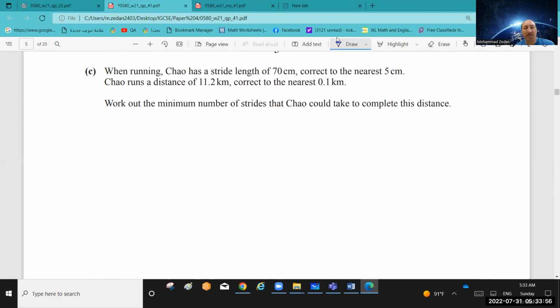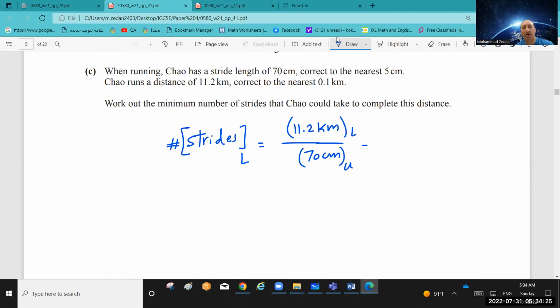To get the minimum number, you divide the total distance, 11.2 kilometers, by the distance of one stride, 70 centimeters. But to get a lower bound of the division, you take the lower bound of the numerator over the upper bound of the denominator. This is the rule we studied in the lower and upper bound lesson.